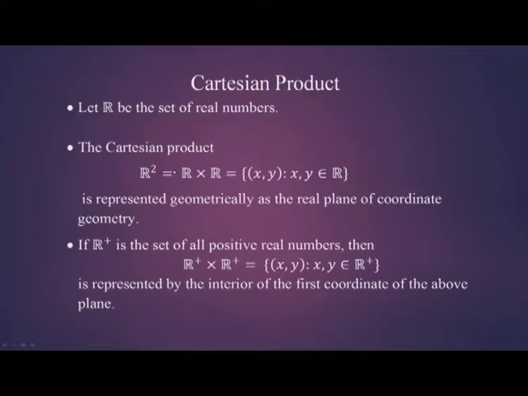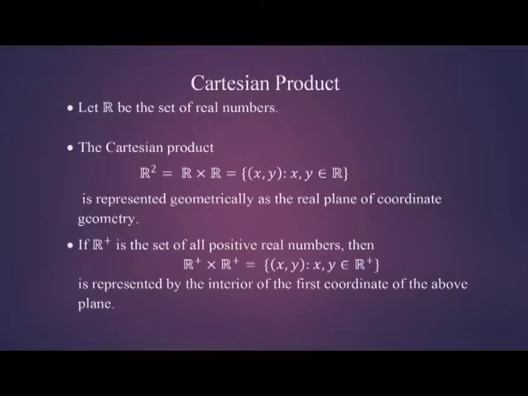The Cartesian product of R with itself is often written as R square, and this is set of ordered pairs of elements of R. So, we have pairs like (x, y), where x and y both are in R. Now, if we go back to our usual school geometry, then we will realize that this is nothing but the real plane which we use in coordinate geometry.